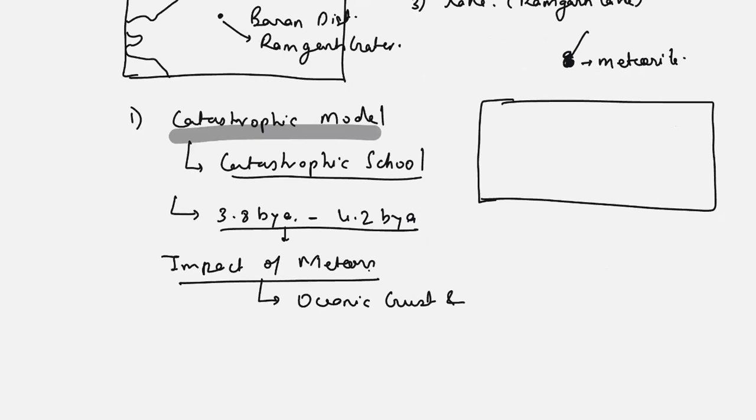At those times, the meteorites were quite large because the atmosphere of Earth was not quite intact. It was very thin at that time. So the impact was very aggressive and violent at that time.